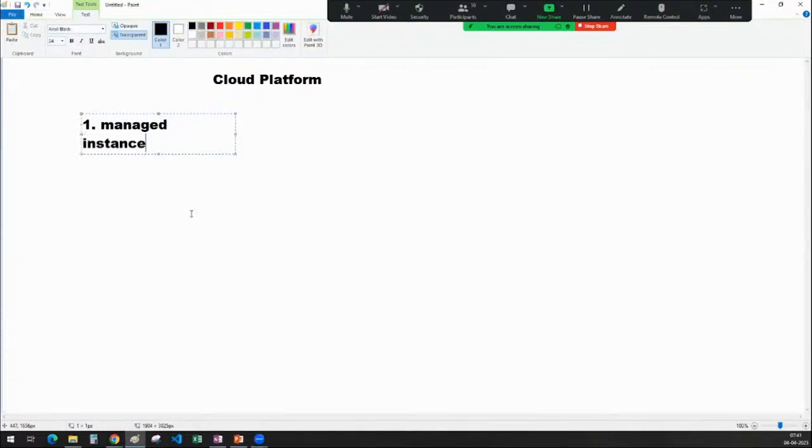virtual machine. The second one is managed instance, and the third one is serverless.